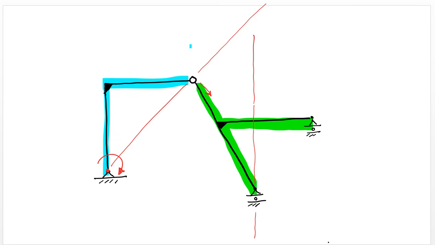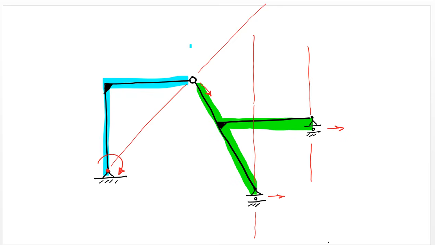Why? Because this support can move sideways, and so if it does, wherever that center of rotation is, it would have to be along that line so that that support can move perpendicular to that line. But it also needs to be along this line so that this support could move sideways like that.